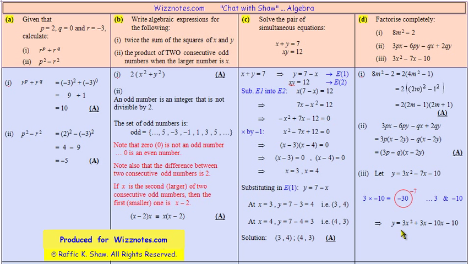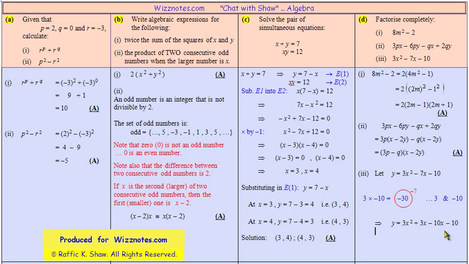And what we have done, we have created a situation where we now can factorize by parts. We can look at the first two, factorize it, then look at the second two, factorize it, and we're going to end up with a common factor. So the common factor in the first two is going to be 3x, and the common factor in the second two is going to be negative 10, and we must have the same thing in the brackets.